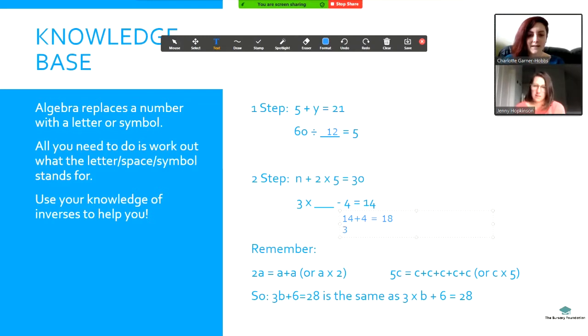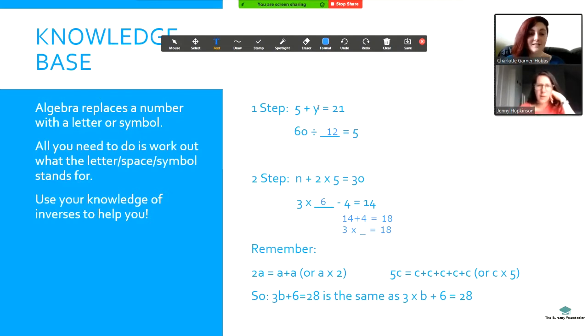So we'd basically have 3 multiplied by blank equals 18. And then at that point, we're doing exactly what you've just did. So 3 times table, 3 multiplied by 6 equals 18.